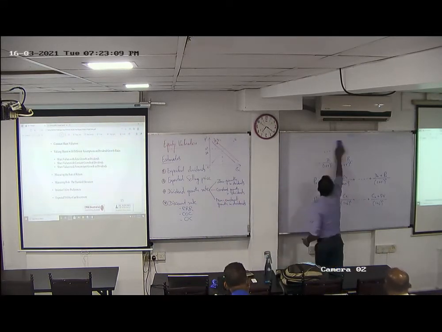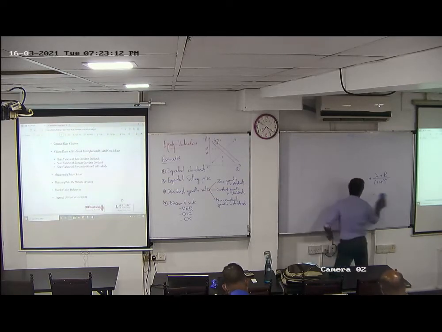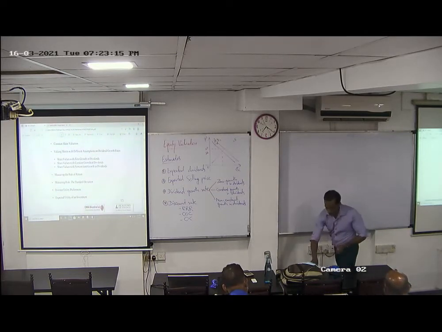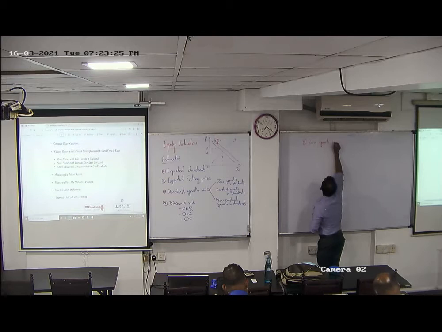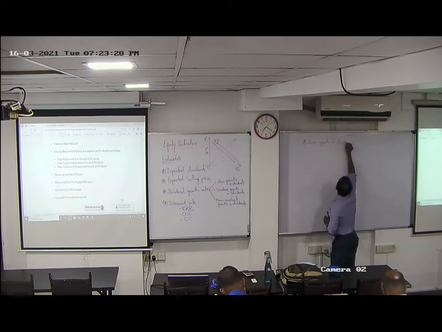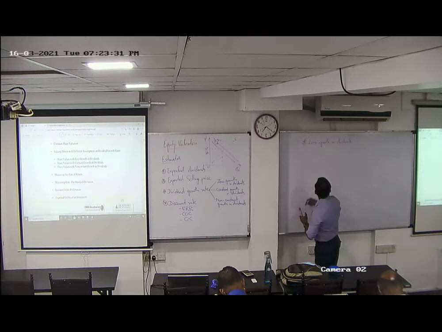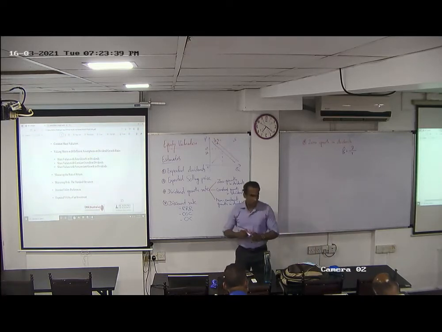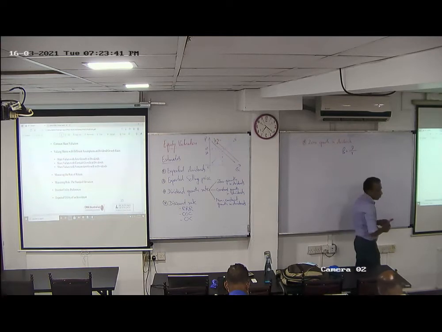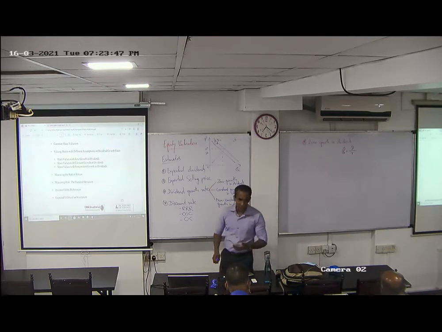So it's so easy, the calculation of share price. When we use the zero growth in dividend assumption, the share price is D divided by R. Because you remember, we discussed how to calculate the present value of perpetuity: present value of perpetuity equals C divided by I, cash flow divided by the discount rate.